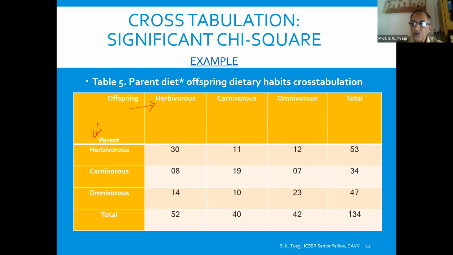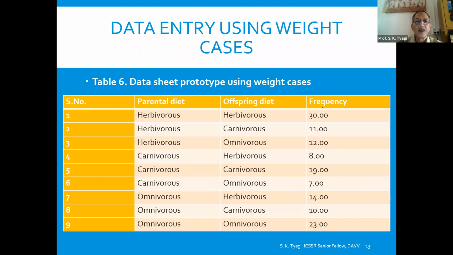We need not enter all the 134. Our rows will not be 134, because 134 is the sample size. Normally rows would be 134 and columns would be two: one is parent diet, the other is offspring diet. But this time we are having three columns, three variables: parent diet, offspring diet, and third is frequency.